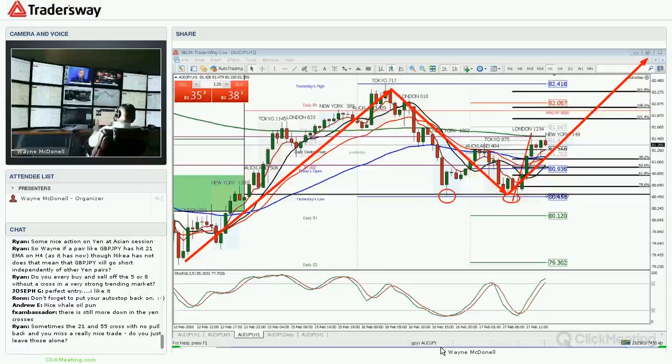Notice how key the sessions are. Right? You understand that how your clock is supremely important in this picture? Look at Tokyo open, London open, right?